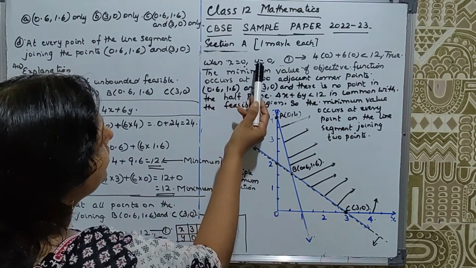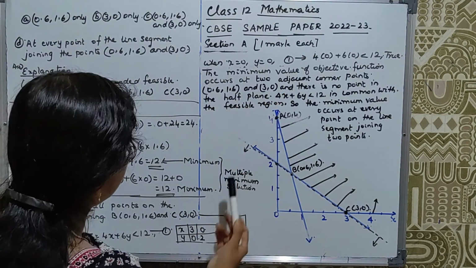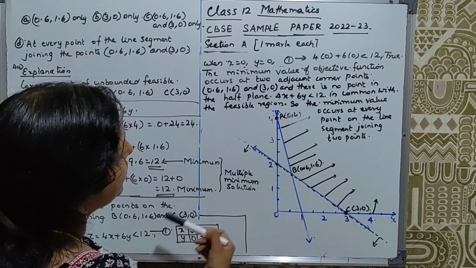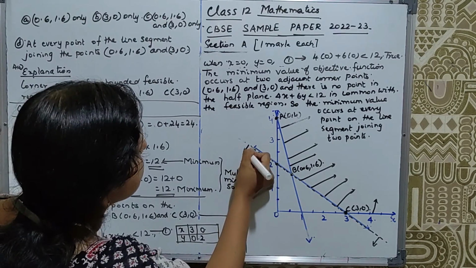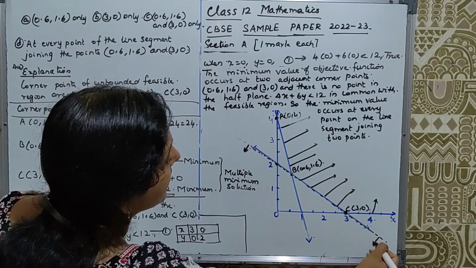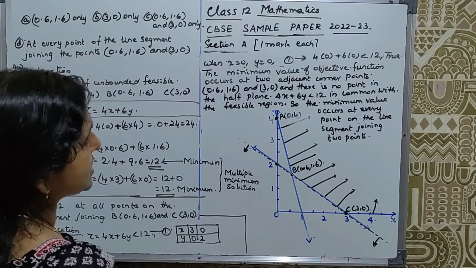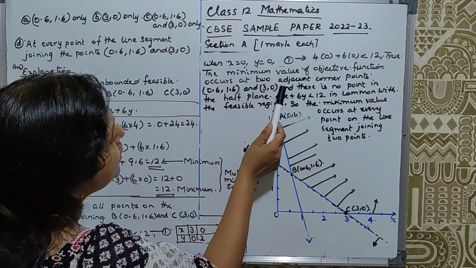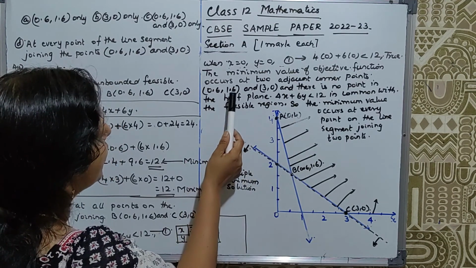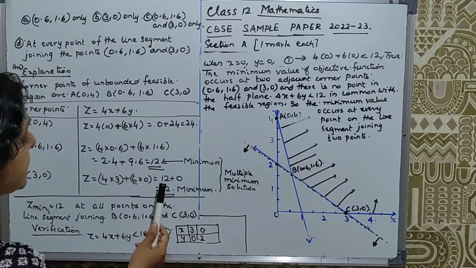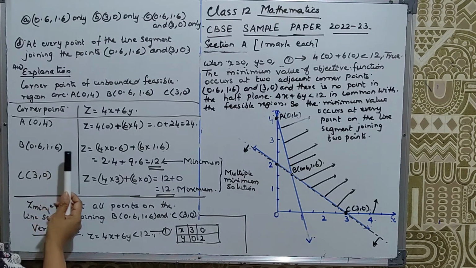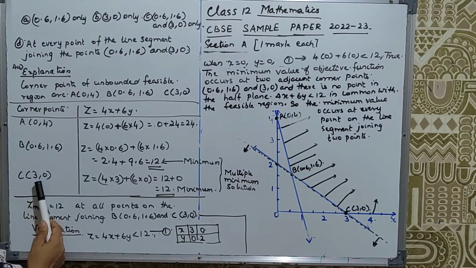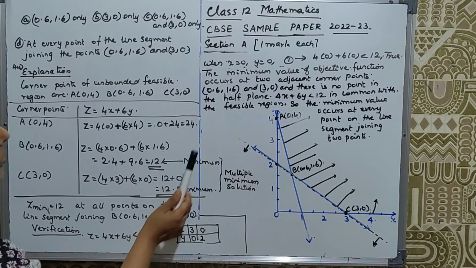Since when x equal to 0 and y equal to 0, equation number 1 became 4 into 0 plus 6 into 0 less than 12, which is true, the open half plane was directed towards the origin. So the minimum value of the objective function occurs at two adjacent corner points, B (0, 6), (1.6) and at C (3, 0), one more minimum value.